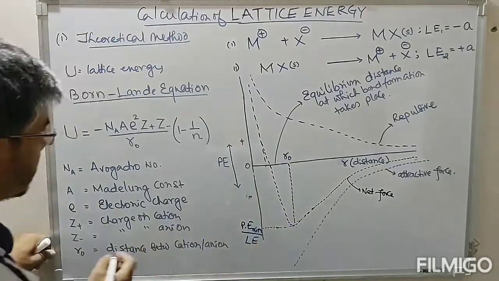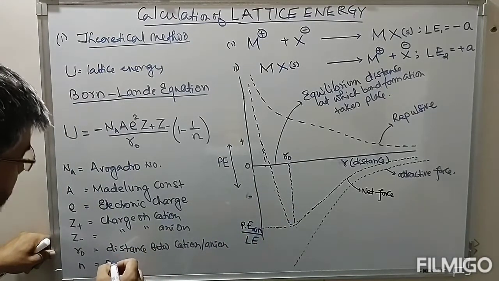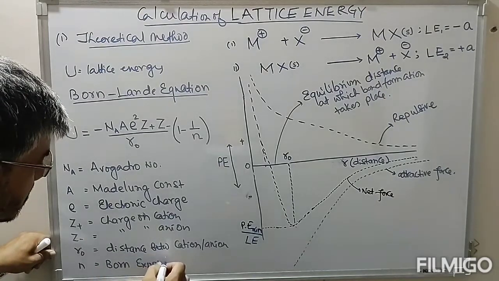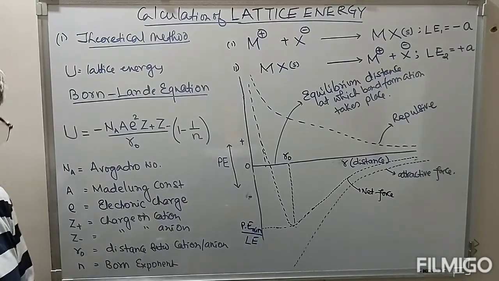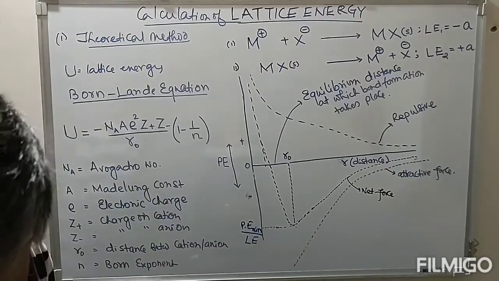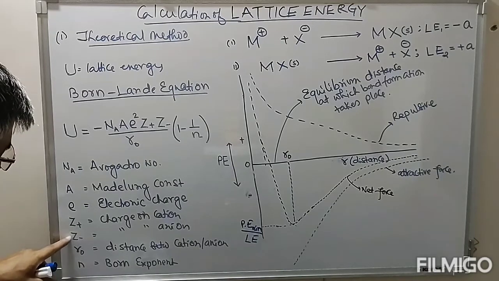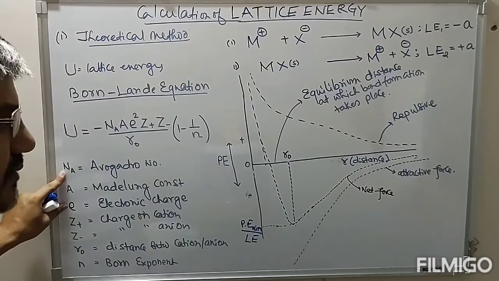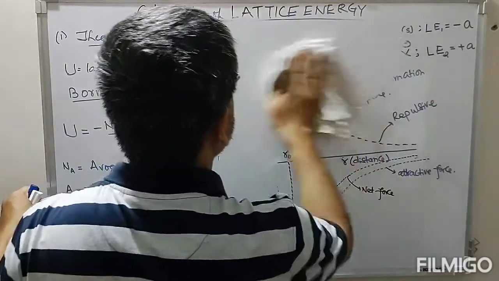And n is known as the bond exponent. Again, this bond exponent depends on the types of lattice. So for every ionic compound we have different values of n, Z plus, Z minus, R naught, except this Avogadro number and e, both of which have the same value for different types of crystals or ions.